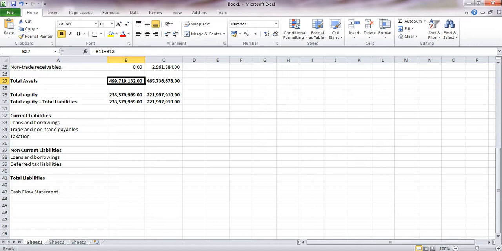The reason is that total assets equal total liabilities plus total equity. In other words, total assets is equal to total equity plus total liabilities. That's the formula, it's something like accounting. These are basic things that you need to understand. Other than that, you don't need to concern yourself so much.